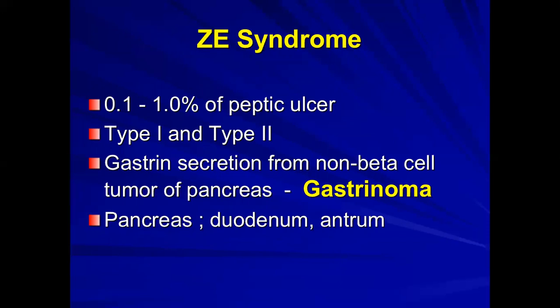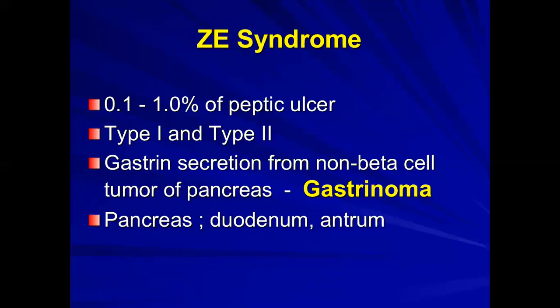Gastrin is secreted from a non-beta cell tumor of the pancreas, called gastrinoma, which leads to Zollinger-Ellison syndrome. So if you find ulcers beyond the first part of the duodenum, or multiple ulcers and recurrent ulcers, you have to rule out gastrinoma or Zollinger-Ellison syndrome in the patient.